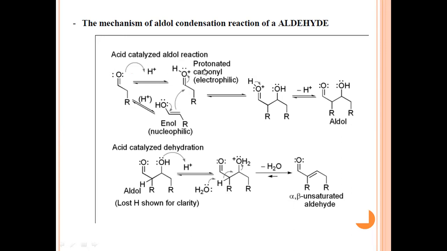So this protonated carbonyl will be acting as an electrophile, and the other carbonyl-containing functional group will be acting as a nucleophile. Both of them will condense together, as they will contain the aldehyde functional group as well as the alcohol functional group.